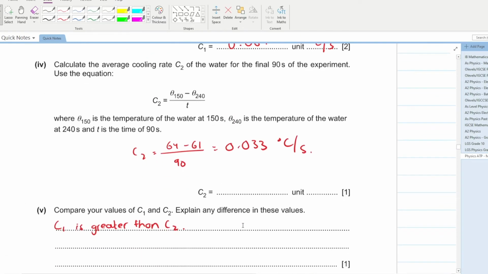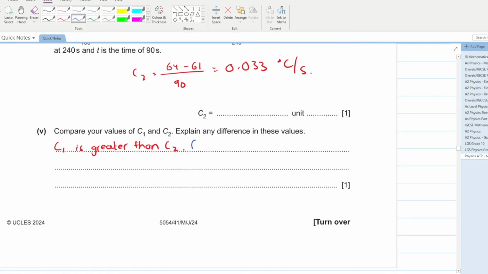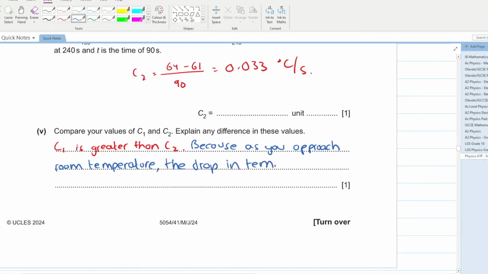So you can write it here, because as you approach room temperature, the drop in temperature is less.